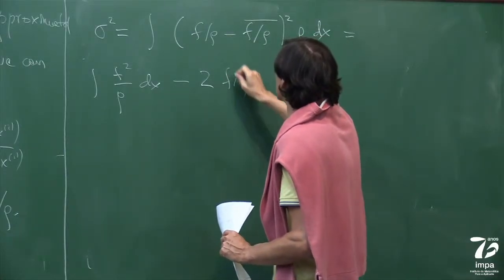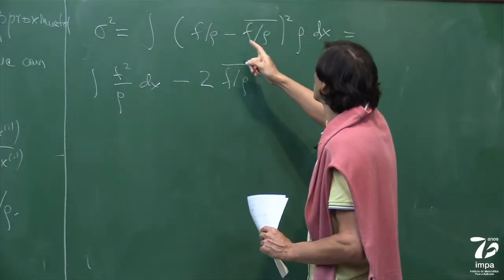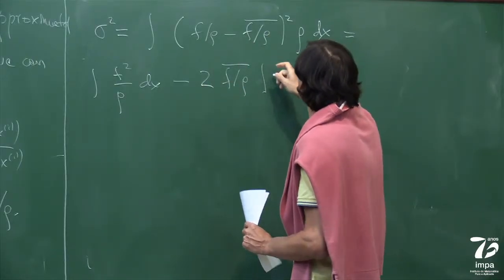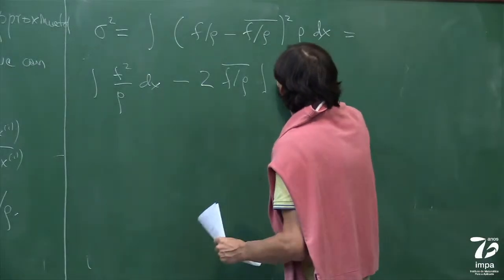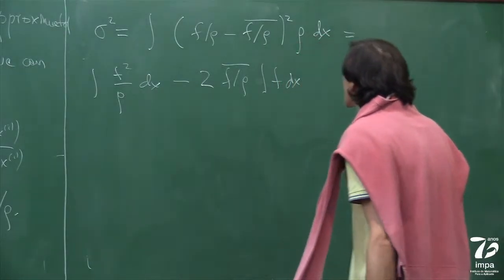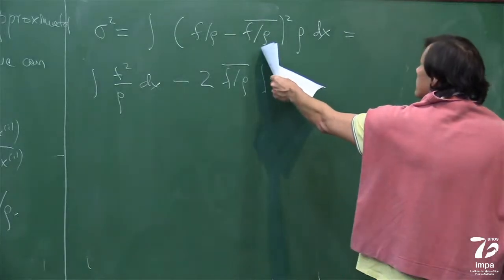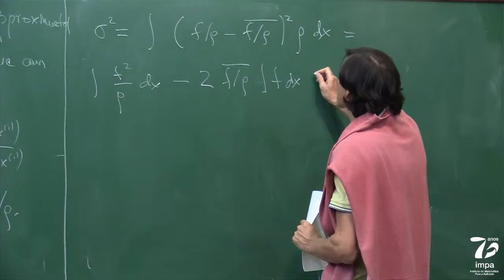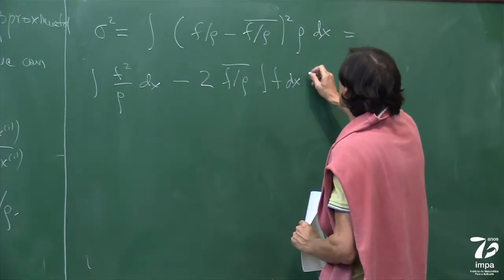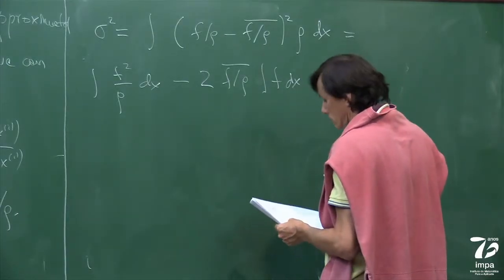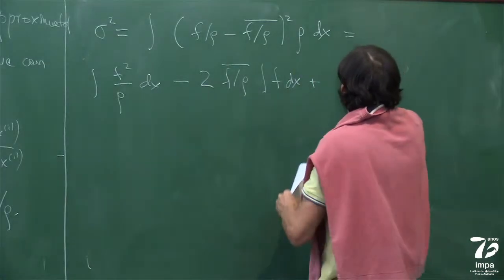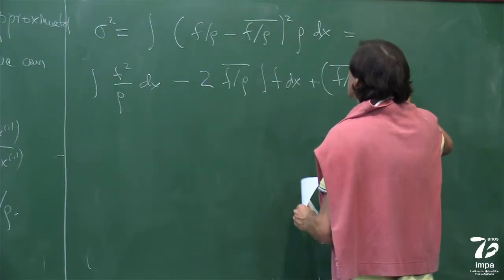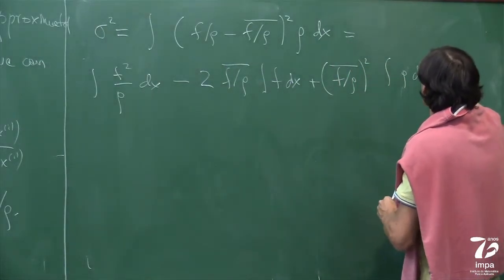So this is just a constant times f over rho, so that will be the integral of f dx. And then there will be this part, plus the mean squared times the integral of rho dx.